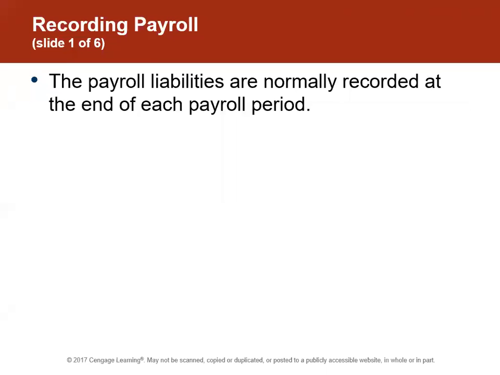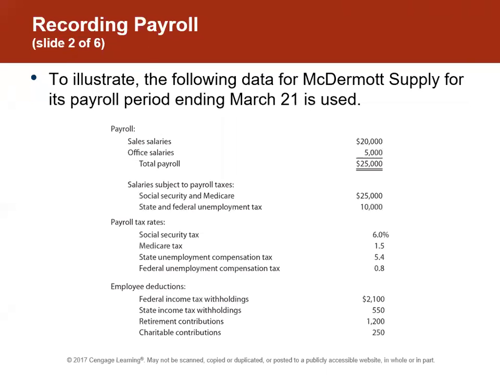At the end of each payroll period, and this depends on the business, they could pay weekly, bi-weekly, semi-monthly, monthly, all of that, they're going to record their payroll liabilities when they run payroll, okay? It's a lot of data. I know it gets a little overwhelming, but we'll break it down and look at it.